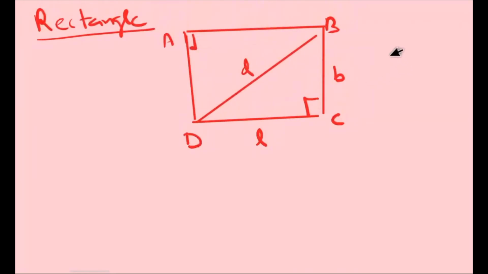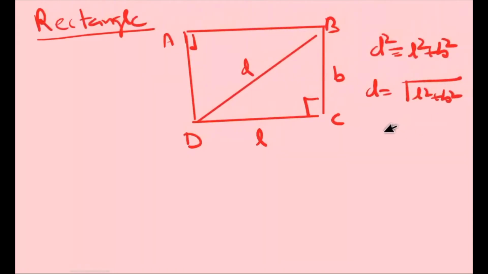Using Pythagoras theorem, diagonal square equal to length square plus breadth square. If you want to find the diagonal, under root L square plus B square. If you write here D square minus L square equal to B square, you can find the breadth. So using this formula, you can find the breadth.